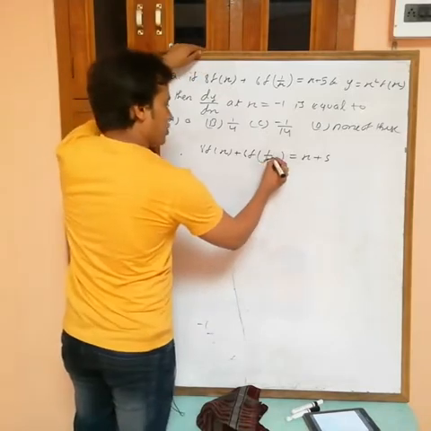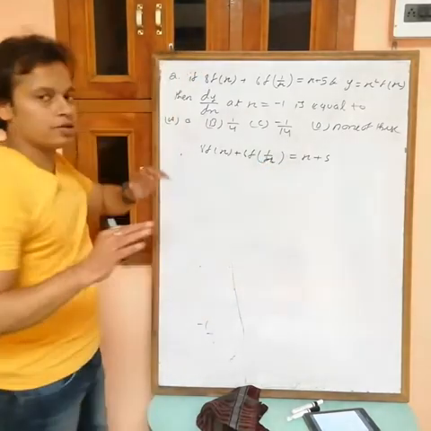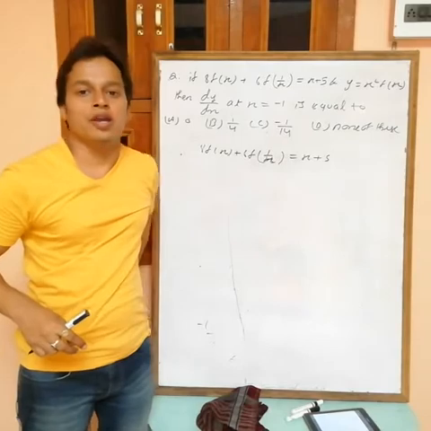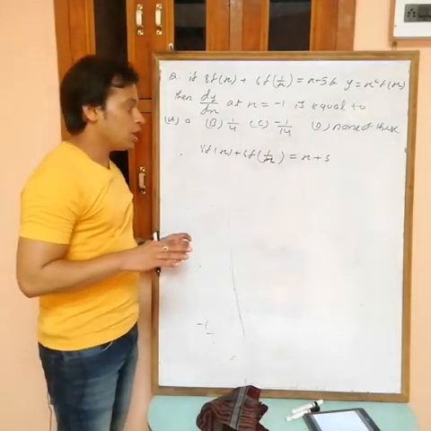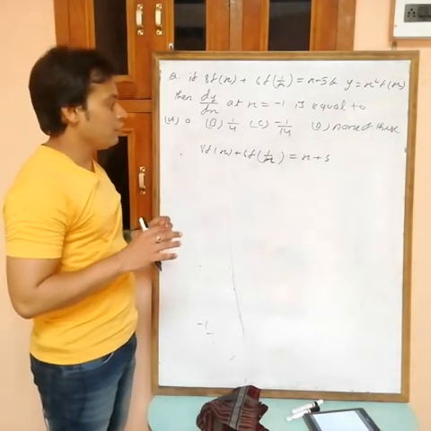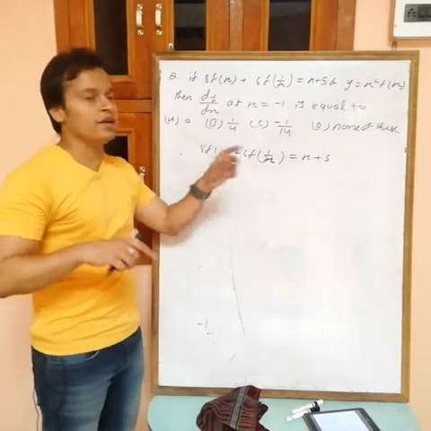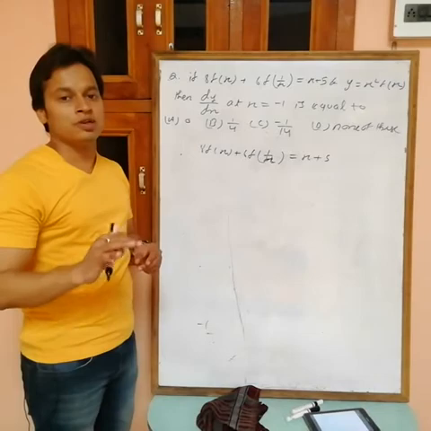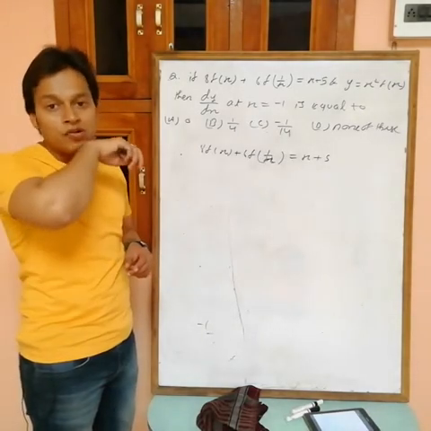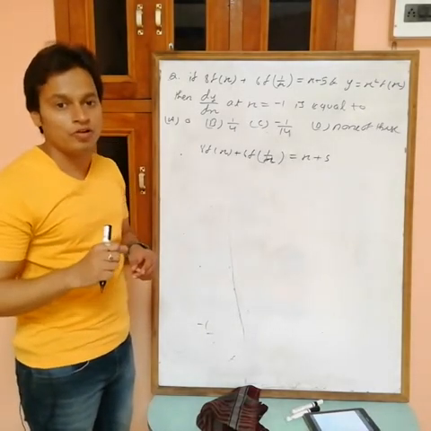Now we want the value of f(x), but this is in terms of f(x) and f(1/x). Suppose I get another equation also in terms of f(x) and f(1/x), then by using subtraction or addition I can cancel out f(1/x), and then we can find the value of f(x).